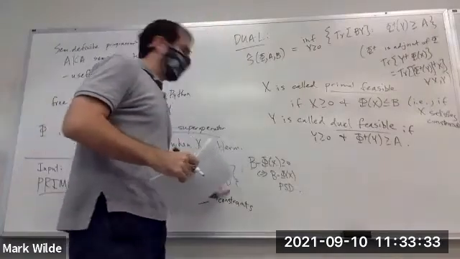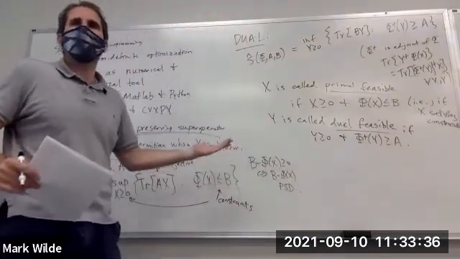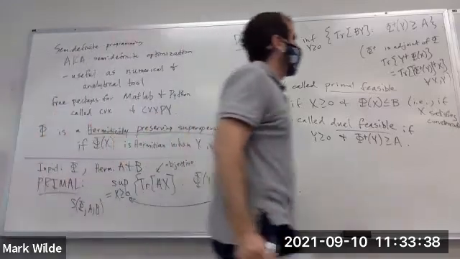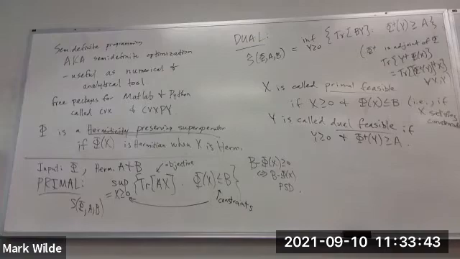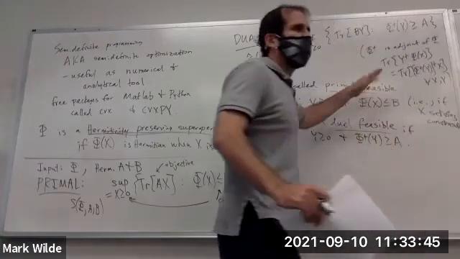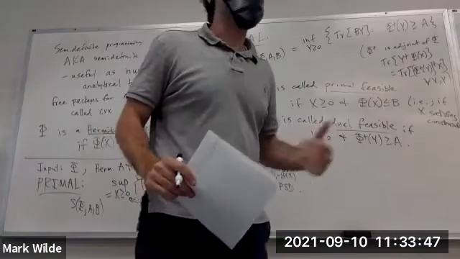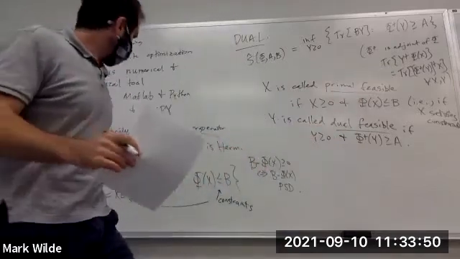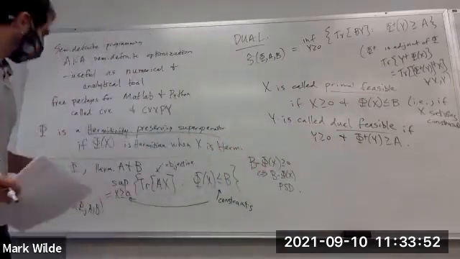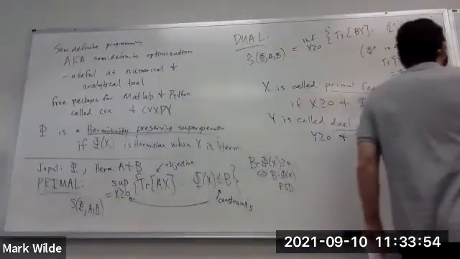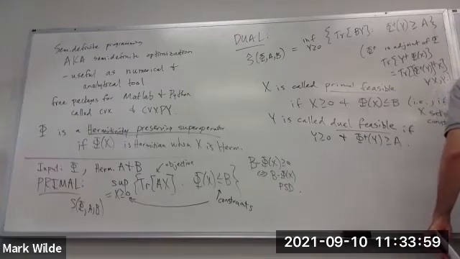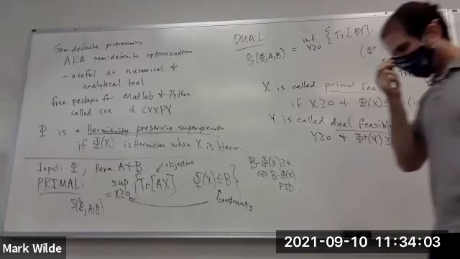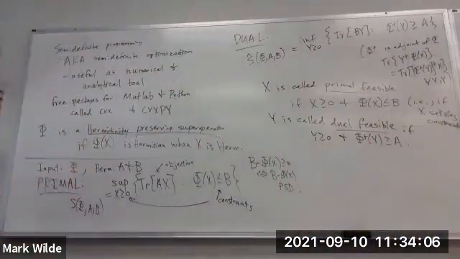Because this constraint is just never satisfied. So the point is just to say that there exist semi-definite programs such that there's no primal feasible operator. In that case, the convention is that the optimal value is equal to -infinity, like the worst possible value if you're trying to maximize something.